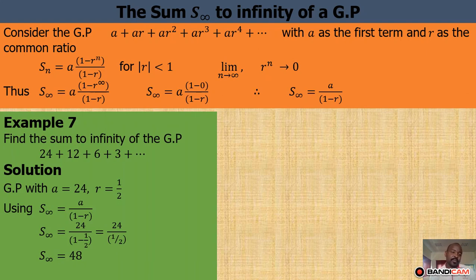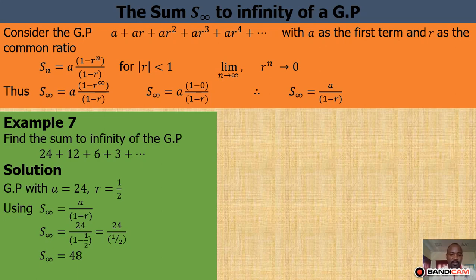Example, find the sum to infinity of the GP 24 plus 12 plus 6 plus 3 plus. Looking at that GP, our first term A equals 24 and R equals a half.